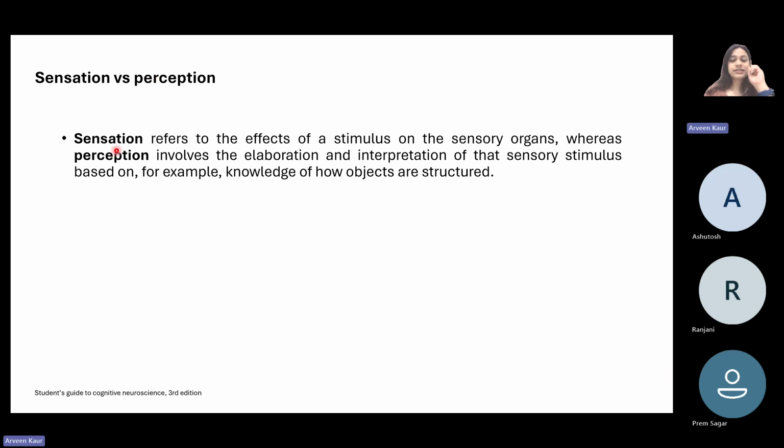Thereafter, we come to the discussion of sensation versus perception. Right, so sensation refers to the effects of a stimulus on the sensory organs, whereas perception involves the elaboration and interpretation of that sensory signal based on, for example, knowledge of how objects are structured.